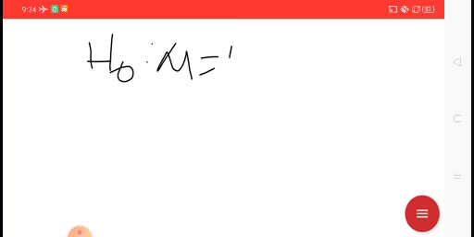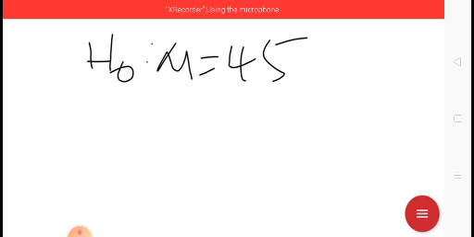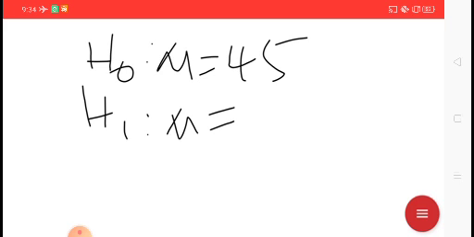The first one, mu equal to 45. And the alternative, whether the statement should be acceptable or not, I mean is it true or not, right? So is it true or not, mu not equal to 45.